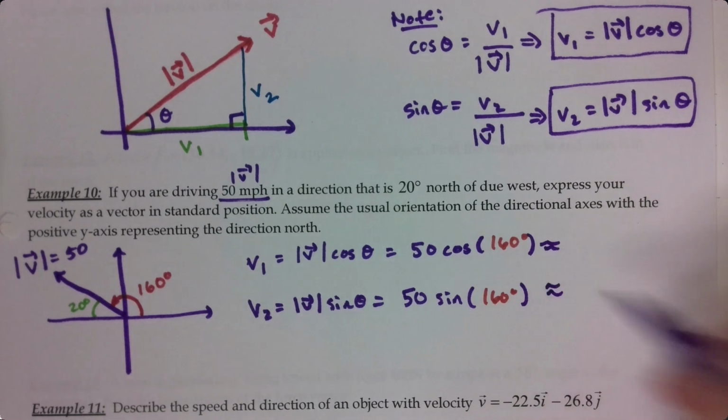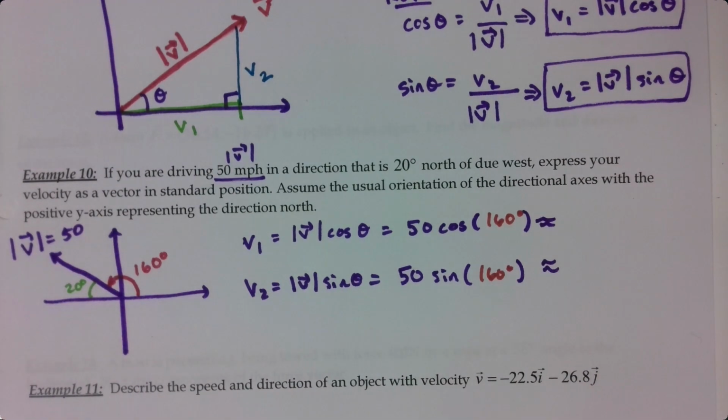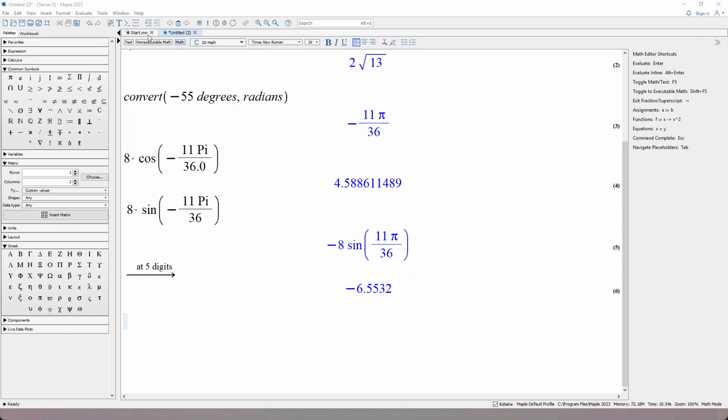And then, of course, we probably want just some decimal approximation. So I would grab Desmos or Maple and make it come up with it for me. Just because I know Maple is more difficult, I'm going to do Maple. I'm going to start with a convert command, and I want to convert 160 degrees to radians.